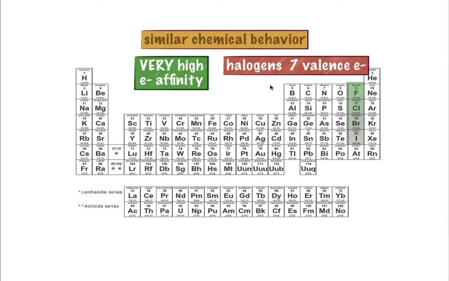So the fact that these have 7 valence electrons says that they have 1 more electron to get. So these elements are very electronegative. They have a high electron affinity, okay? That means they want that last electron to fill their shell. So they're more likely to take an electron away from another element than they are to give any away, because they're only 1 short.